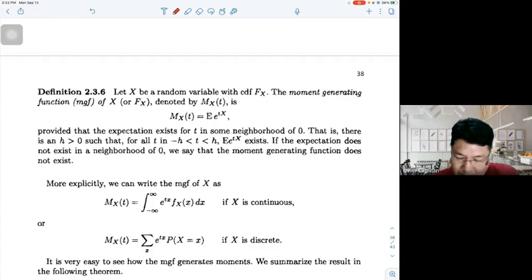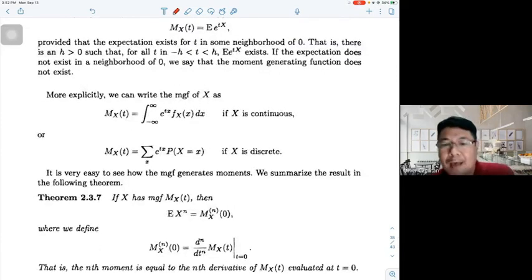Okay, so we can write the MGF of X depending on whether our random variable X is continuous or discrete. If X is continuous, then we have this improper integral: e to the tx times the probability density function of X dx, evaluated from negative infinity to positive infinity.